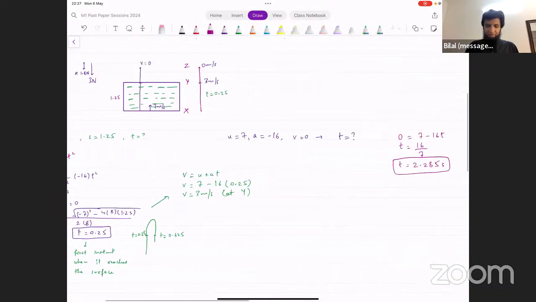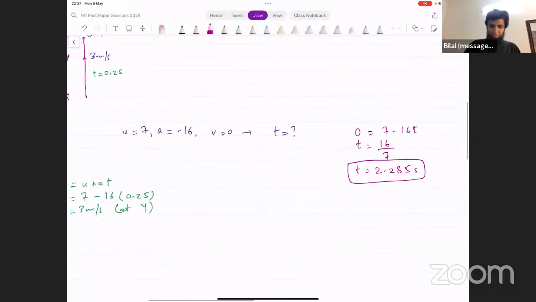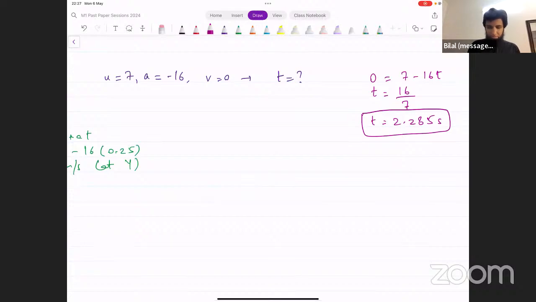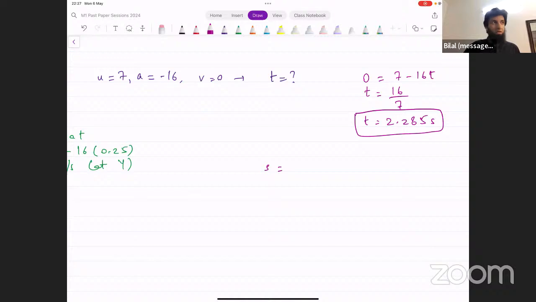Now, if it takes that time, if you find the displacement covered for this, let's see what that turns out to be. S equals ut plus half at squared.